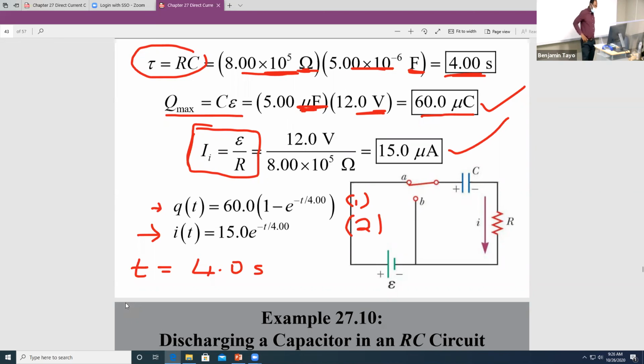Because when t equals 4.0 seconds, the exponent of -4.0 over 4.0 becomes exponent of -1. So in your calculator, you're going to put 1 minus e to the -1. That number should give you something about 0.62 or 0.63, and then you multiply that by 60.